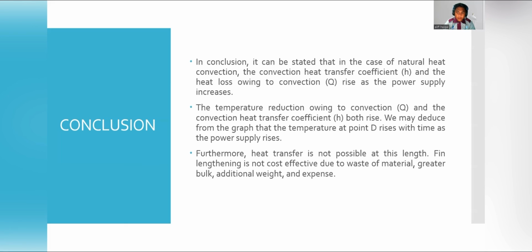We may deduce from the graph that the temperature at point D rises with time as the power supply rises. Furthermore, heat transfer is not possible at the fin length, and lengthening is not cost effective due to waste of material, greater bulk, additional weight, and expense. That's all from me. Thank you.